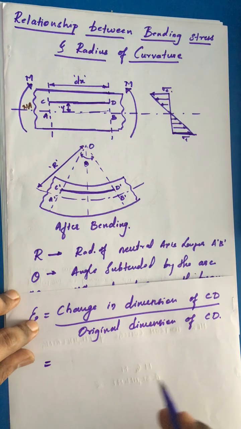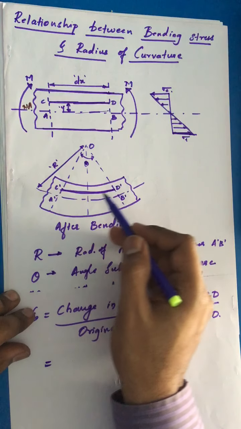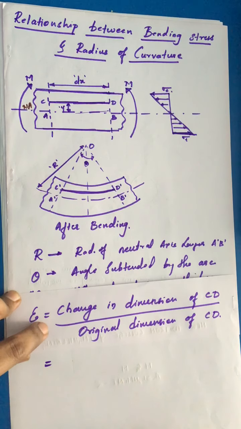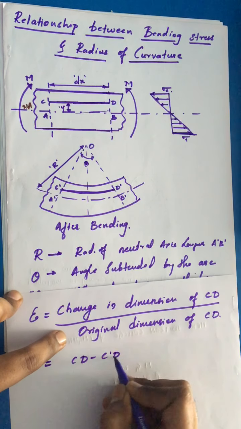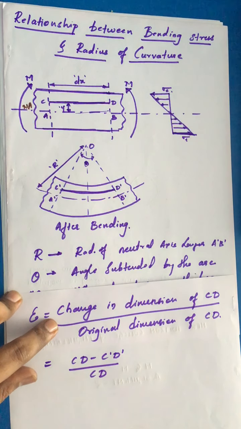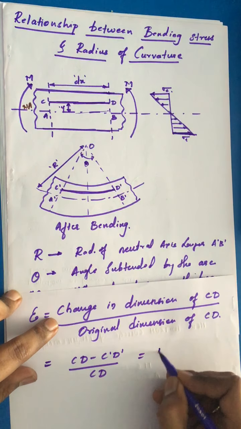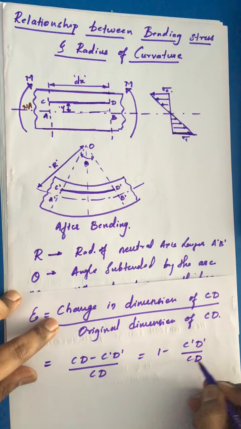The change is nothing but the difference between the original and the bended one. So I can write this as CD minus C dash D dash divided by CD. So this becomes 1 minus C dash D dash by CD.